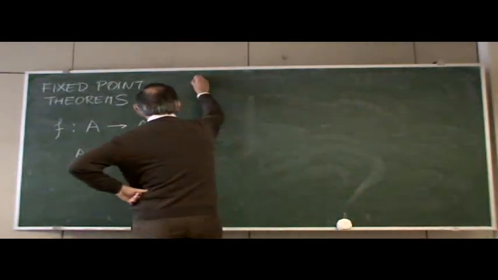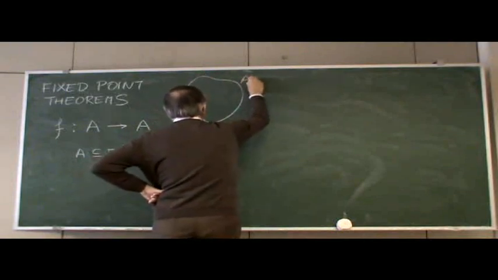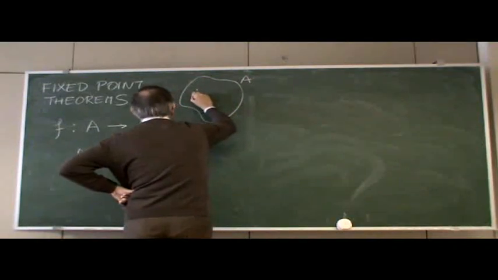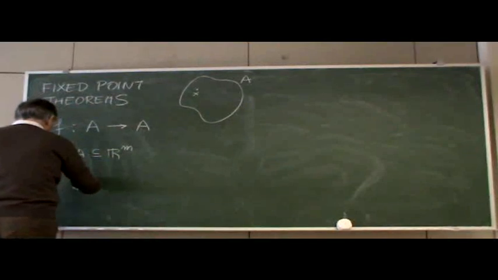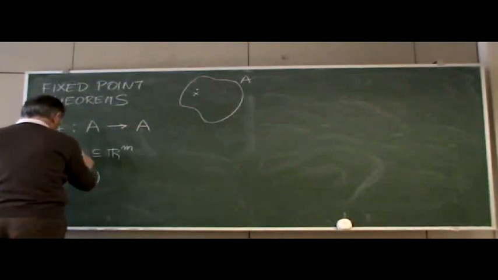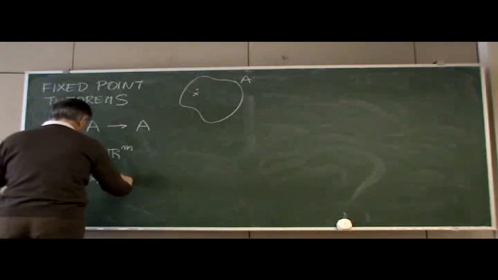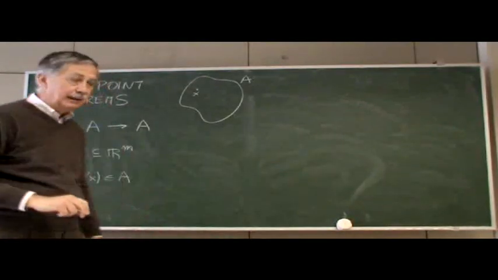Let us trace a graphic. This is our set A. Take any vector x in A. The function f associates to this x, which belongs to A, an f of x which belongs to A as well.